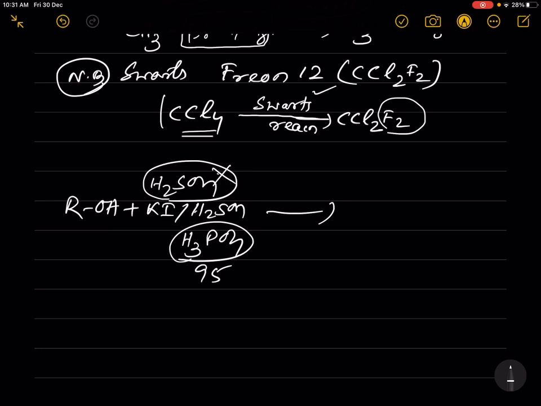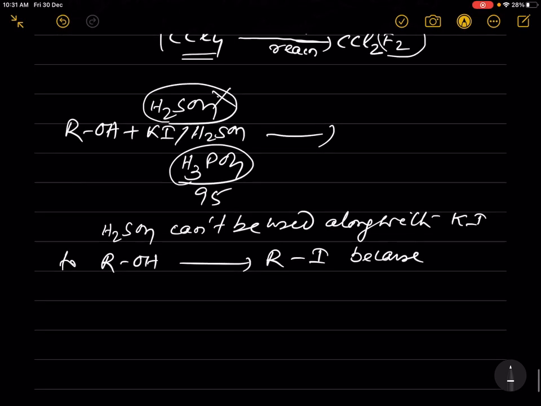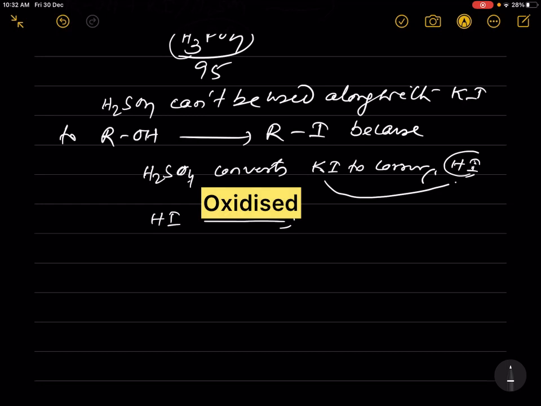H2SO4 cannot be used along with potassium iodide to convert alcohol to alkyl iodide, because H2SO4 converts KI to the corresponding HI, and HI is oxidized to iodine by sulfuric acid.